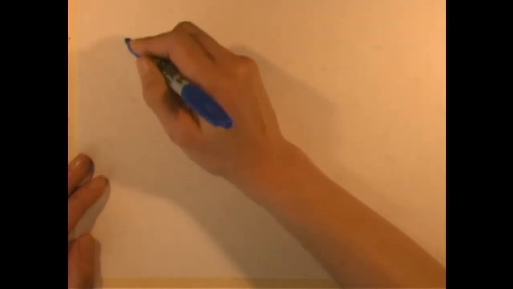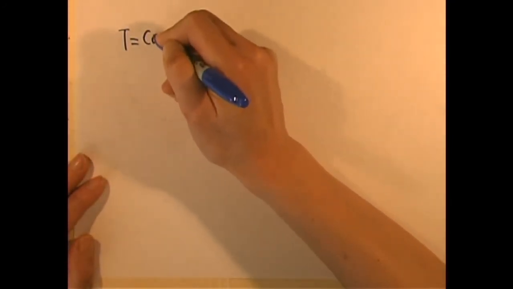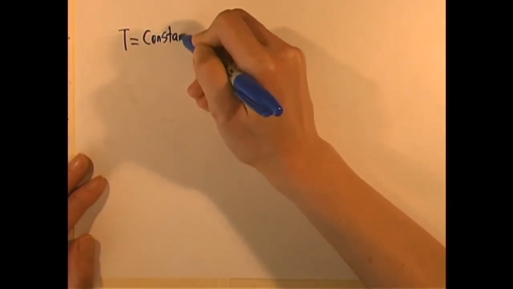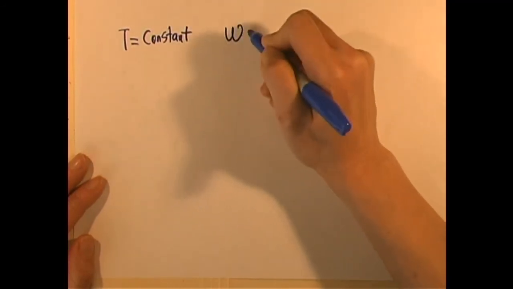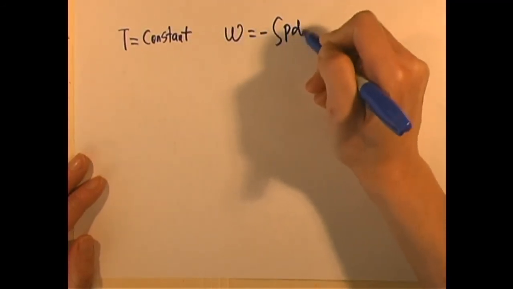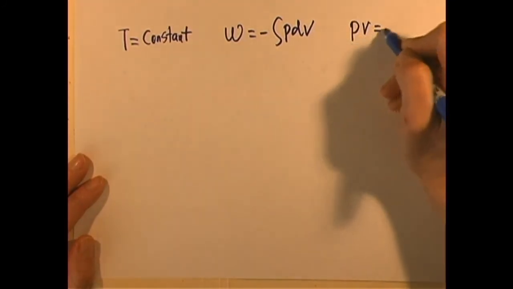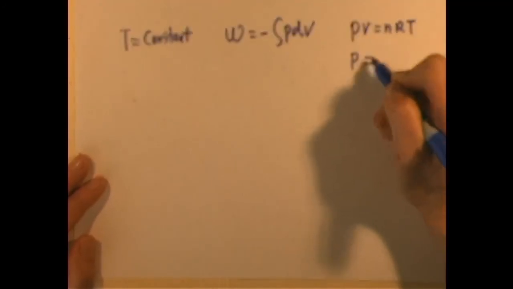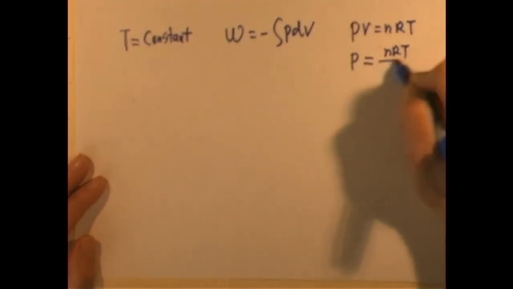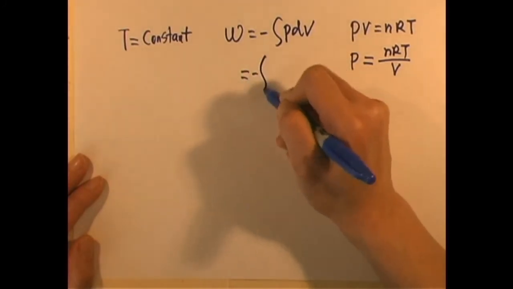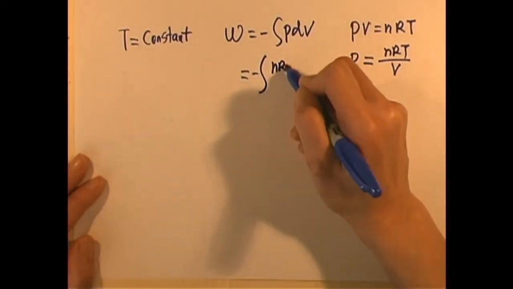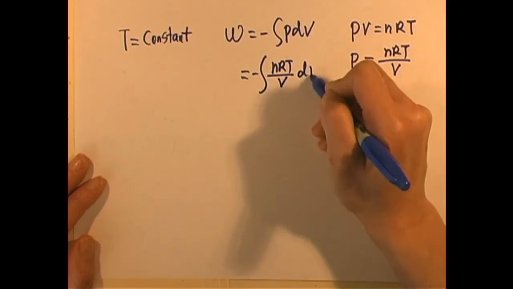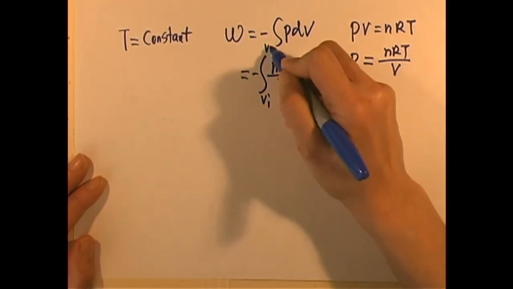Okay. How do we calculate work done? For different processes, let's take a look. If T is constant, that is isothermal. Work done is negative integral of P dV, and since PV equals nRT and T is constant, pressure can be replaced by nRT over V. So what we do is replace P by nRT over V, dV, from V initial to V final.